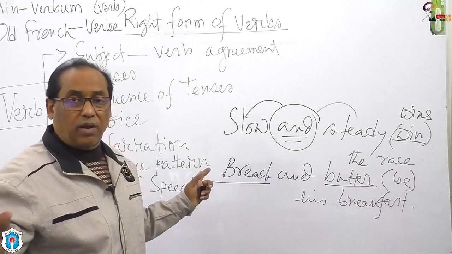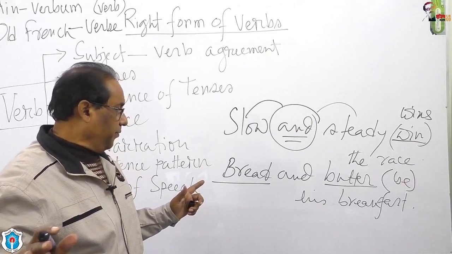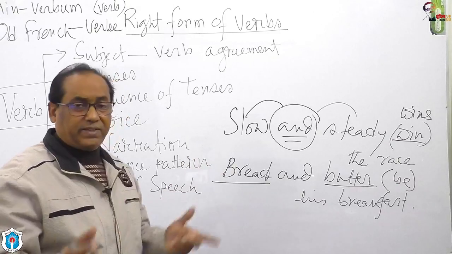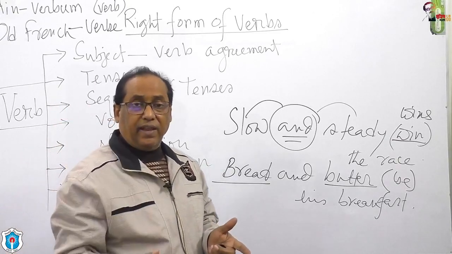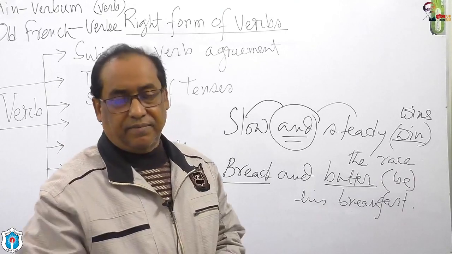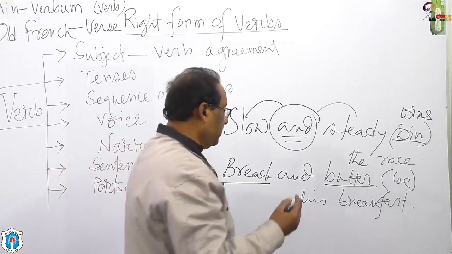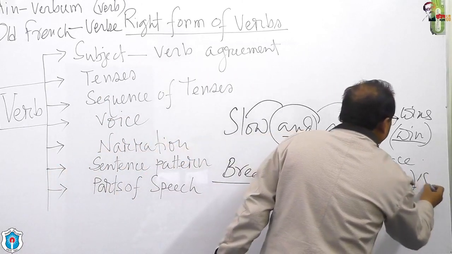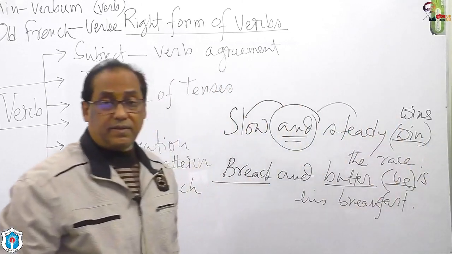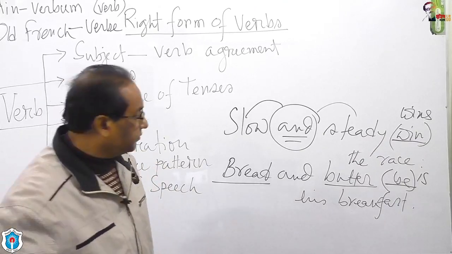So it is plural, but not that exactly. Okay? You are taking bread with butter as a single unit. So it is third person singular. So the verb is. Right? Another example.